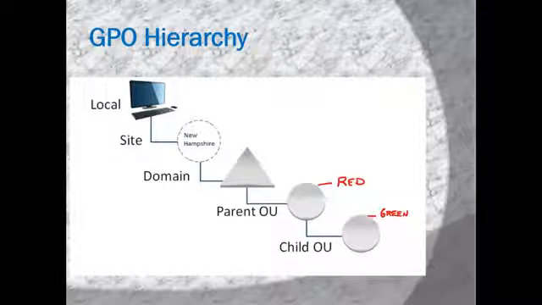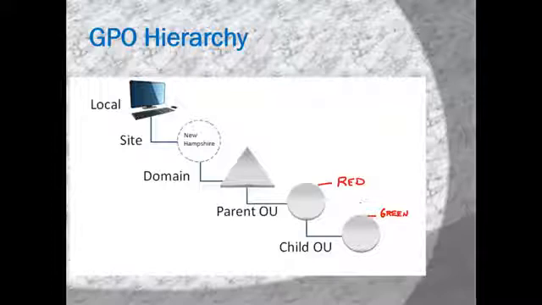Now, what happens if I am a member of both organizational units? All right. Now, by default, a parent OU's GPO is going to filter down to the child. But here's what happens.